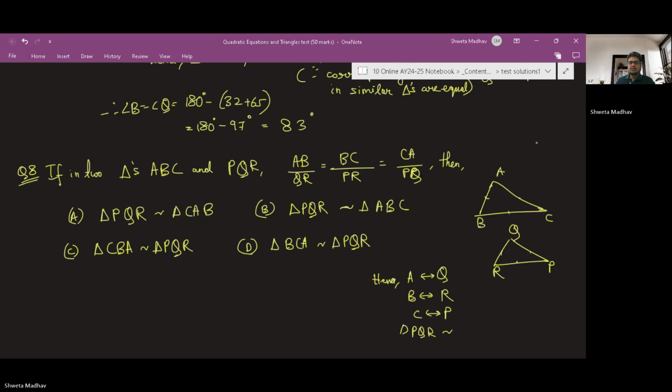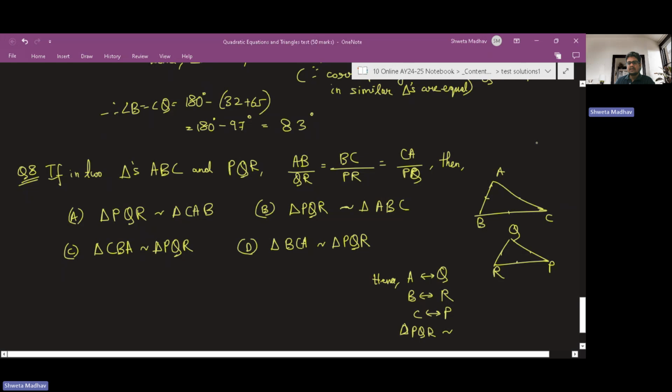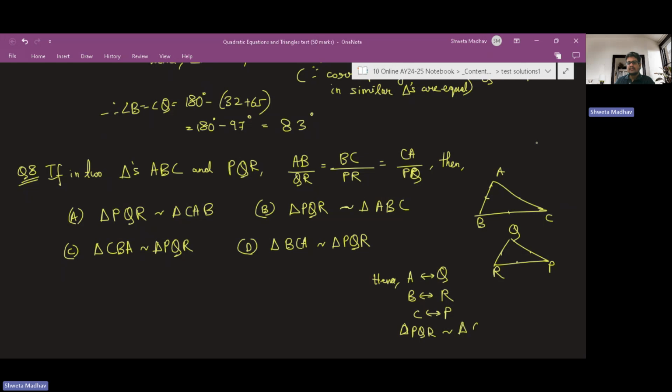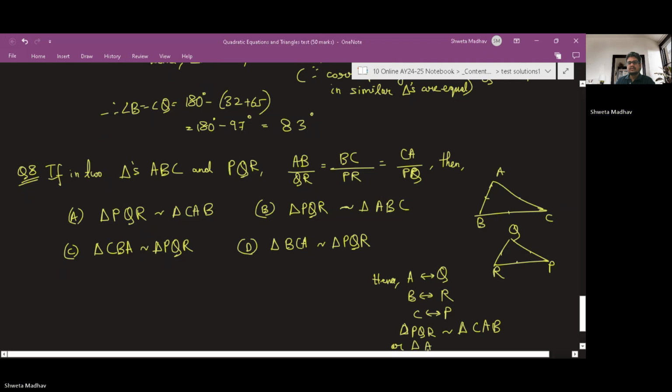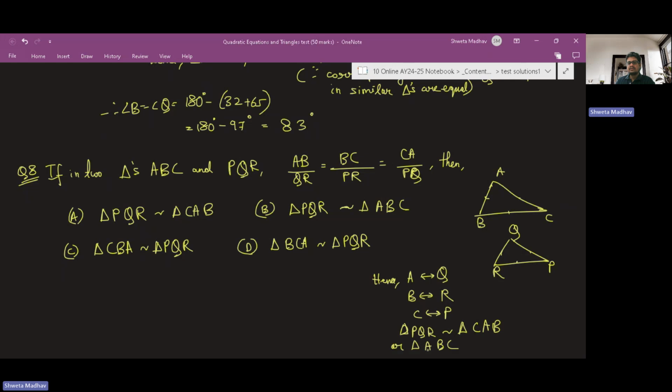So hence we can say triangle PQR will be similar to triangle CAB, since we have to follow the order when we are writing the similarity of two triangles. Or we can also say triangle ABC will be similar to triangle QRP. Or triangle CBA will be similar to triangle PRQ.